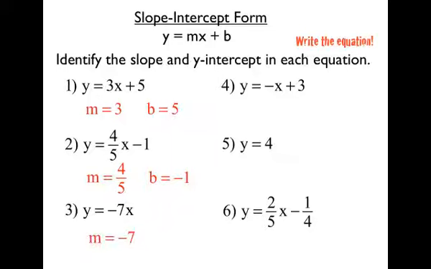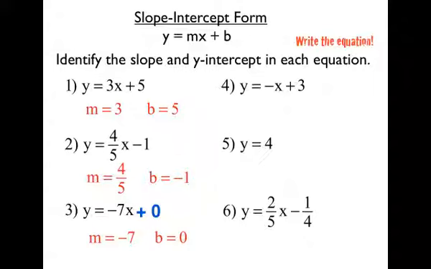The slope here is -7 because it's -7 times x. So what's our b? There's no number all by itself. So what can we either add or subtract that won't change the value of the basic equation? We could add 0. So our y-intercept would be 0.